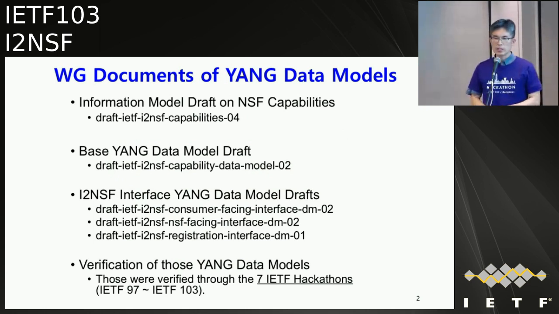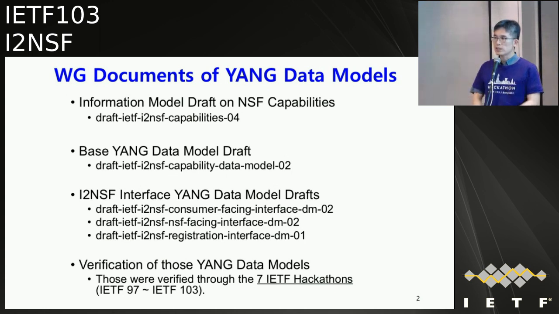Based on that, our base YANG data model is by Sue, Harris, and me with my student Jinyoung. The consumer-facing and NSF-facing documents are pretty much done in terms of data security services, except that Frank and I discussed the decorator design pattern suggested by John Strassner.